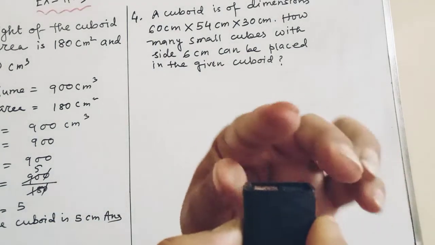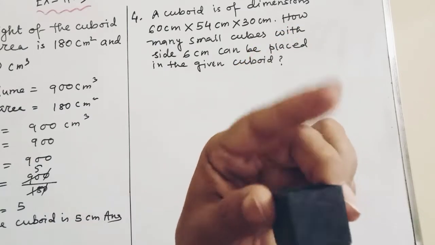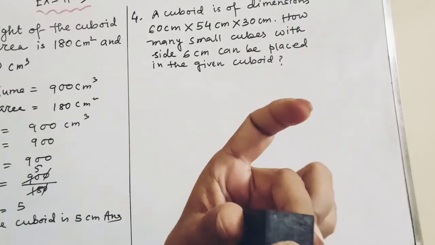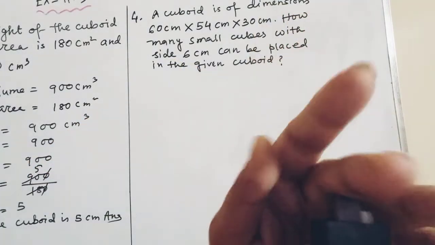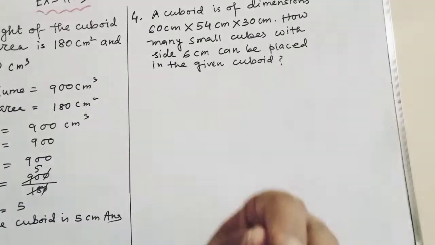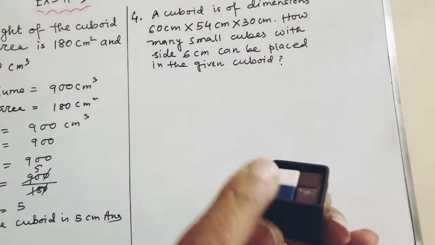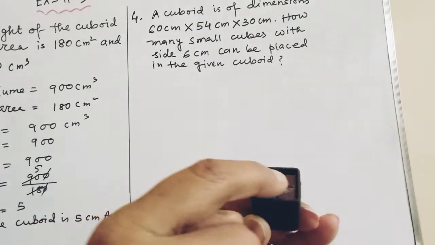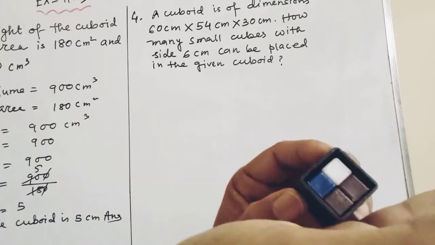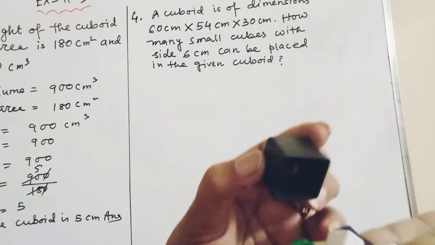How many cubes can you keep here, when the sides of the cube are 6 centimeters? So we are using the volume of the cuboid, and every small cube is 6 centimeter in side.